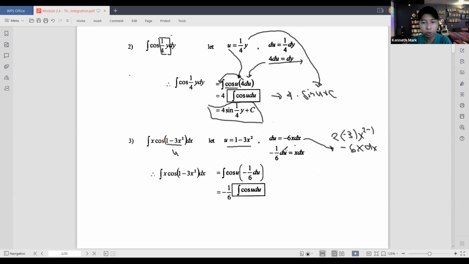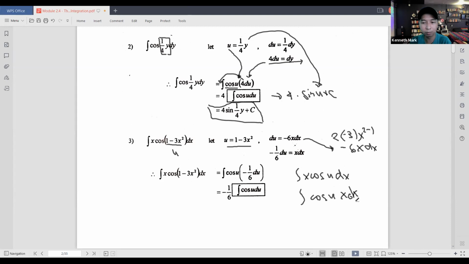Then, kunin natin yung x dx because we have, kung i-simplify natin siya, you will have the integral of x cosine u dx, pinalitan na natin ito ng u, di ba? So, we can have the integral of cosine u x dx.